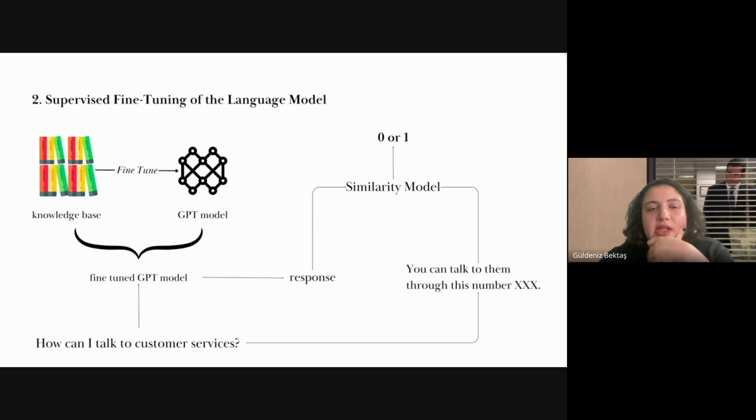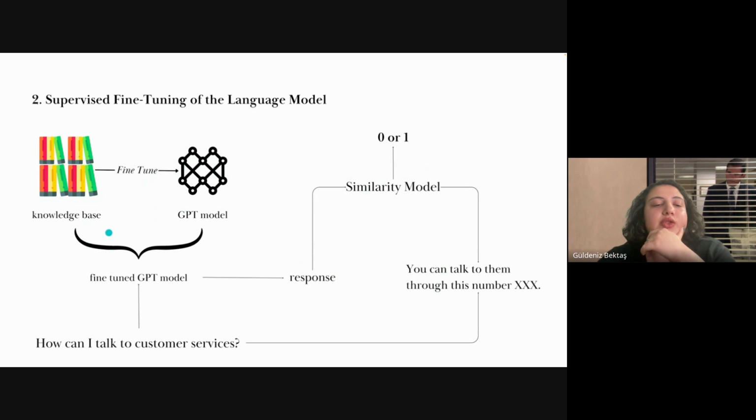For instance, machine-generated responses are assigned a score between 0 and 1, indicating accuracy, with 1 being the most accurate, like the most human answer. These scores help shape the model's policy towards generating responses closer to human-like accuracy, forming the foundation for its decision-making process. So you fine-tune your LLM with your knowledge base.